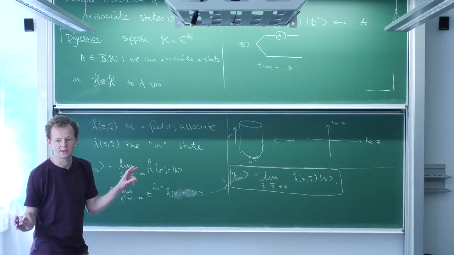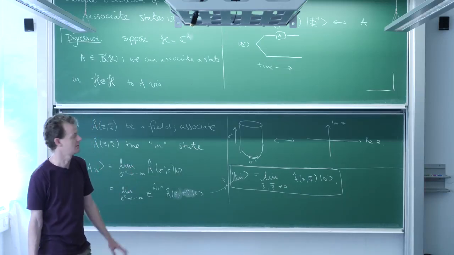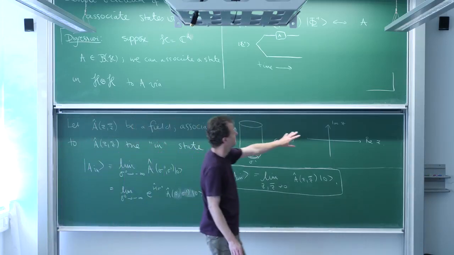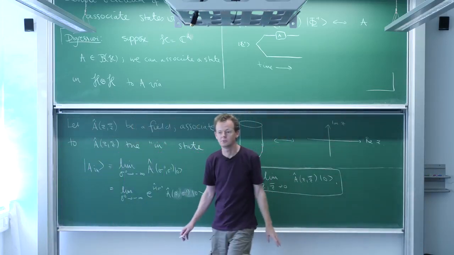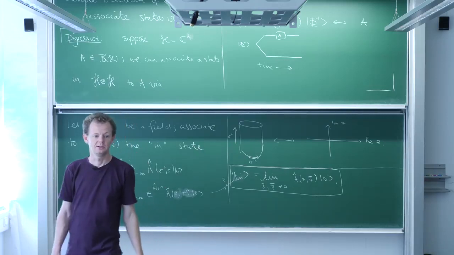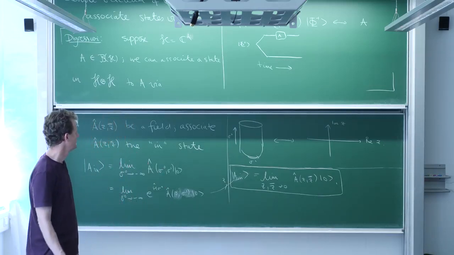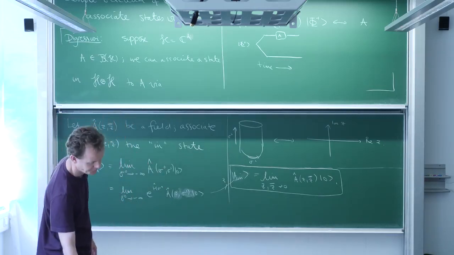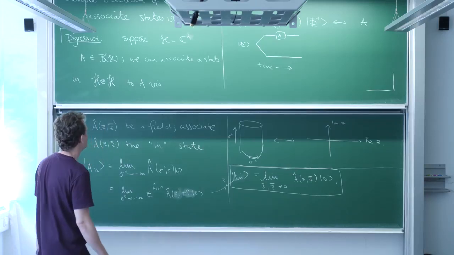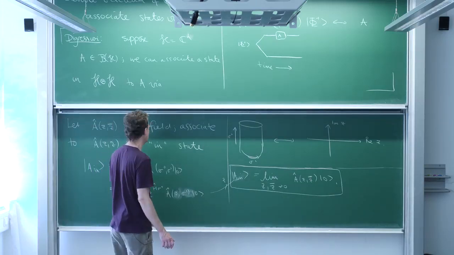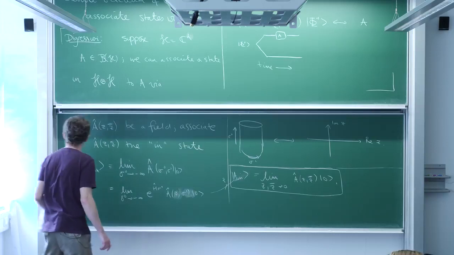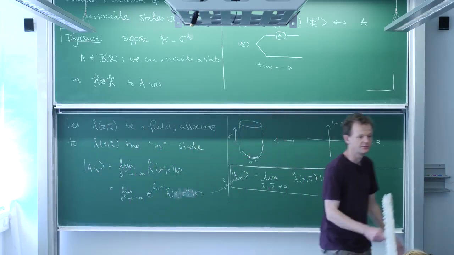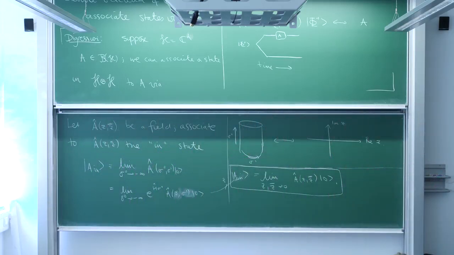And because there's only one infinity when you compactify the complex plane, we're doing things on the Riemann sphere, there's only one state that comes out of this. We'll call that A in. So that's one state that we can associate with an operator A.